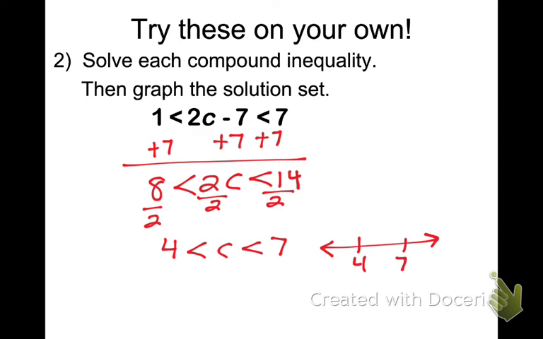Parentheses or square brackets? Parentheses, shade everything in between. So interval notation would be 4, comma 7, with parentheses there. Okay? If that 2 would have happened to have been a -2, then what would I have had to do? I would have to switch all the signs. Perfect. Okay. Ready to practice some of this?